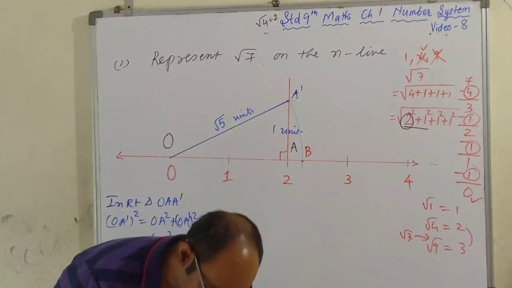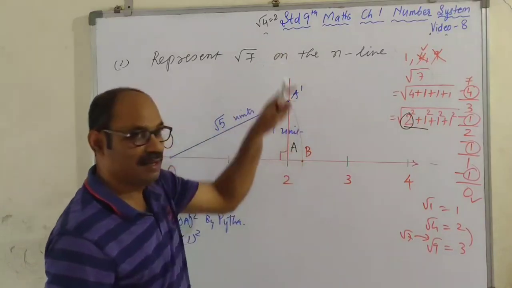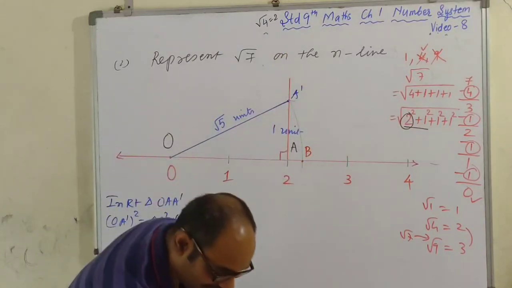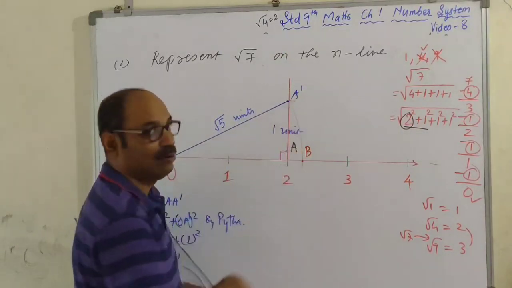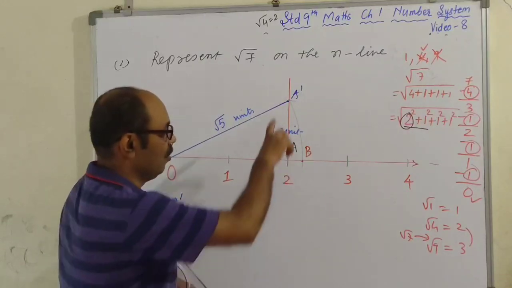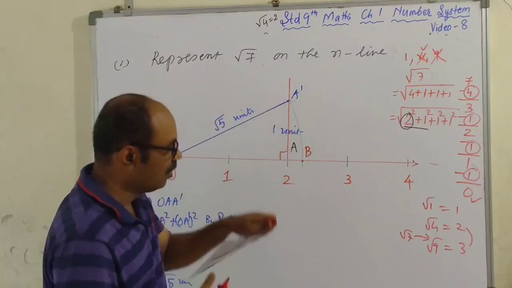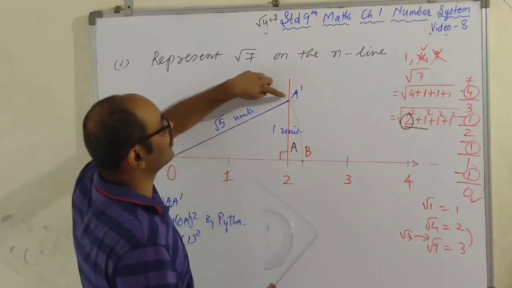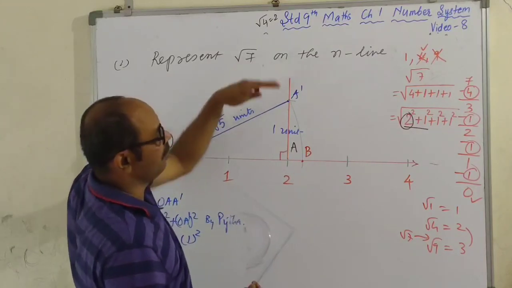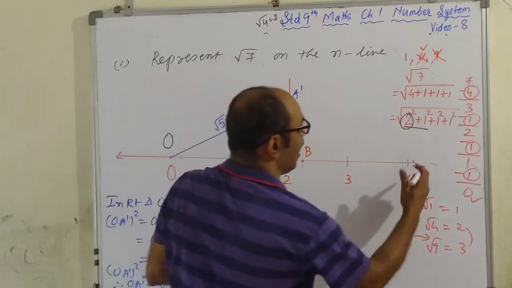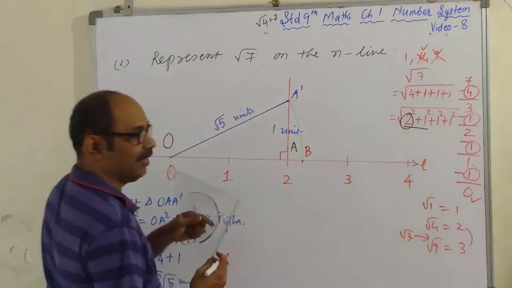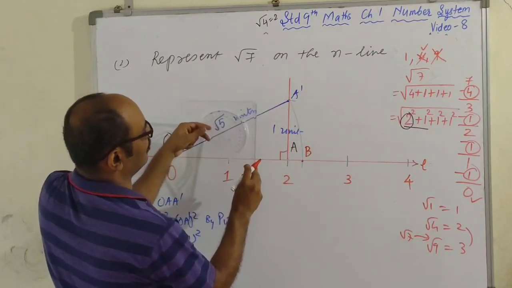Okay. Now what you have to do? Perpendicular. But before that, a parallel line, so that every time I don't have to take 1 unit length. So for passing through point A and parallel to this line L, I'm going to draw another line. And for that I am using a set square.